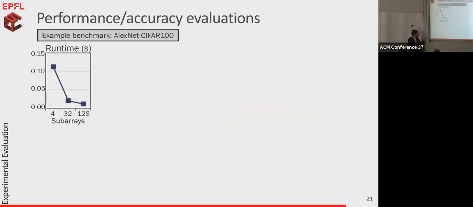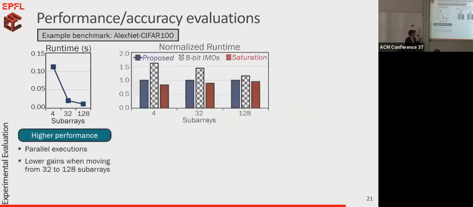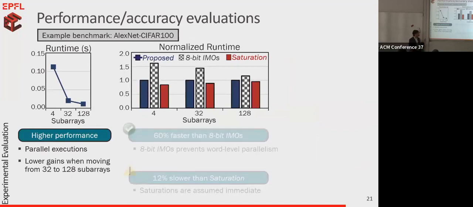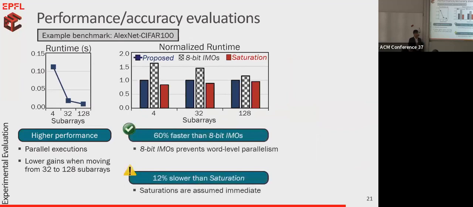So these are the results. This plot is just showing you that we can actually leverage multiple subarrays to improve performance. This plot instead is comparing our results with the two baselines. So we observe that we are much faster than the 8-bit IMOs alternative because we can exploit word-level parallelism, but we are slightly slower than saturation because we consider saturate operations being immediate.